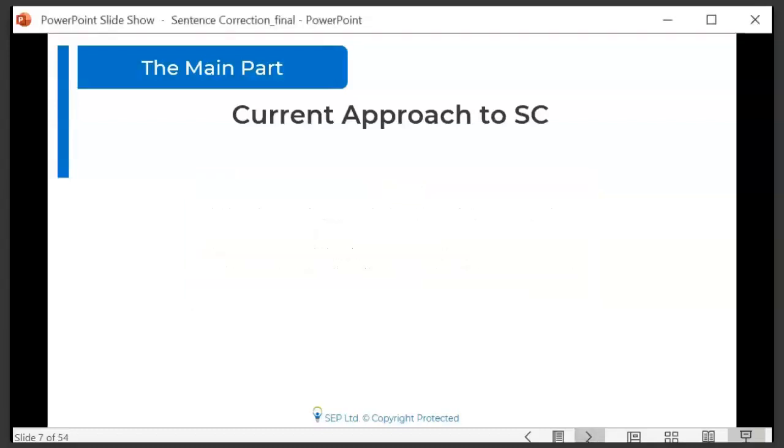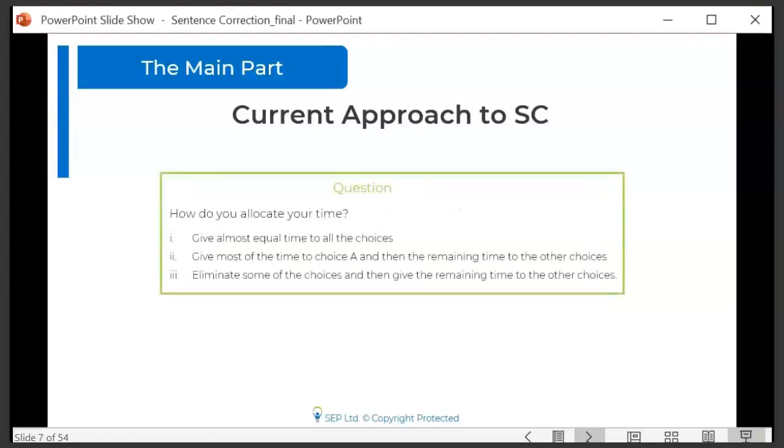Okay, here is the next question for you. How do you allocate your time when you're solving the SC questions? Let me reset the poll. Just give me a moment. Okay, here you are. Do you give almost equal time to all the choices, so whatever time you're taking overall to solve a question, you give equally to choices A, B, C, and D?